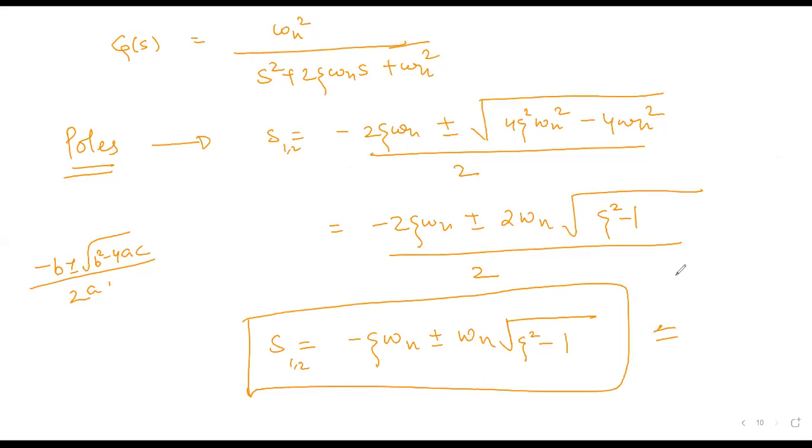These are the closed loop poles of your second order system. Now let's take case 1, when zeta is between 0 and 1. Suppose zeta is 0.5.